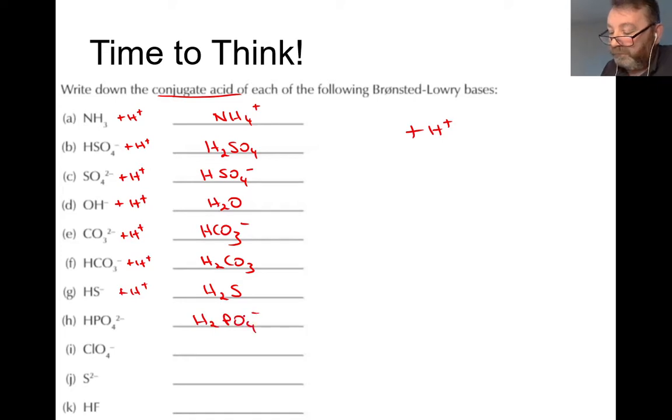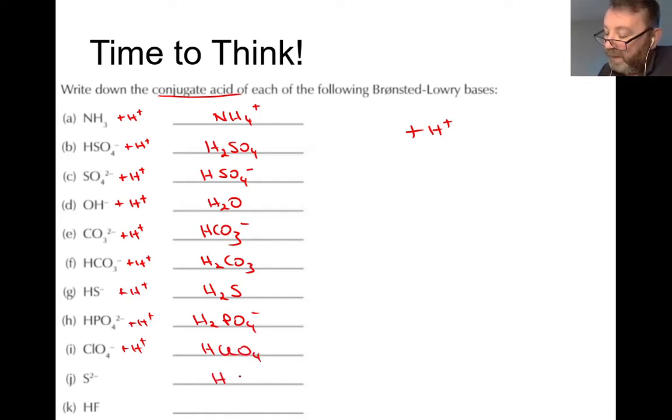H2PO4 minus. Why? Because when I add on H plus, bring the hydrogens up by 1, and 1 positive cancels 1 negative, leaving 1 negative behind. Next one, proton acceptor, HClO4, and the charges cancel.